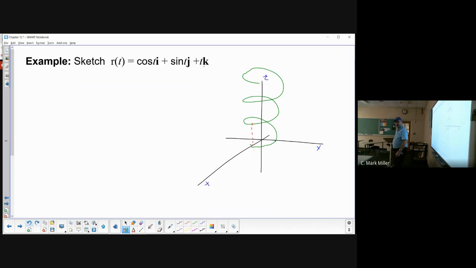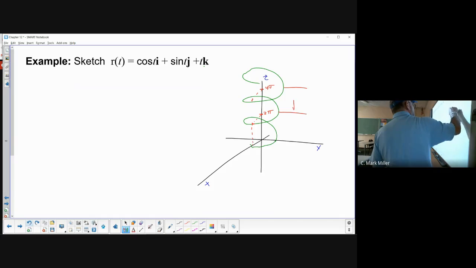When it goes one lap around, that corresponds to 2 pi on the z-axis. So when t equals 2 pi, it will have made 1 coil around. Up here again, that's 4 pi, and so on. The distance between any 2 coils is going to be 2 pi.